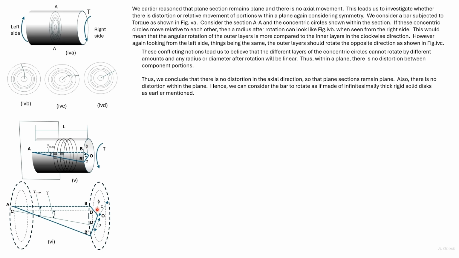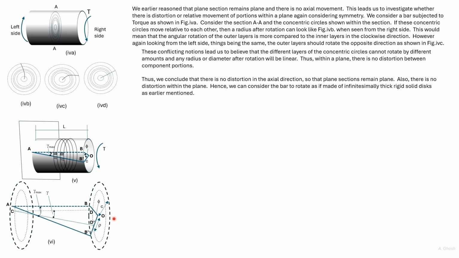Here we see that D dash is less than B dash, while CD is equal to AB, which means this strain gamma is less than gamma max.